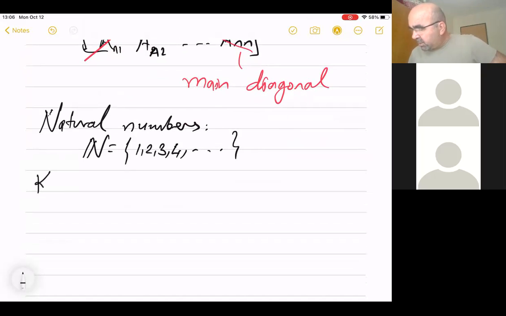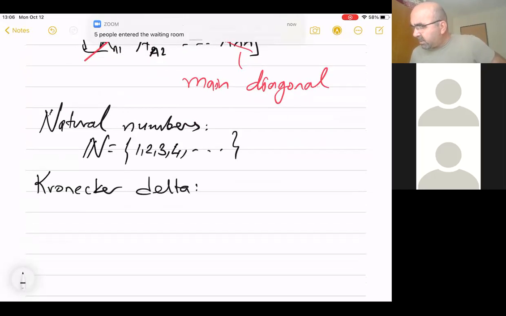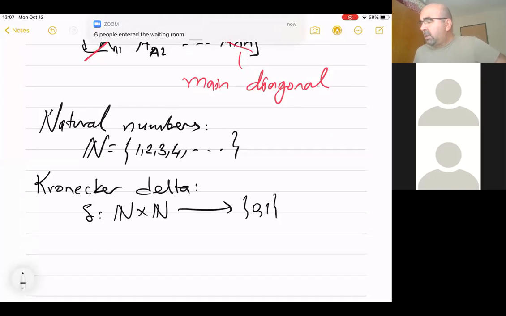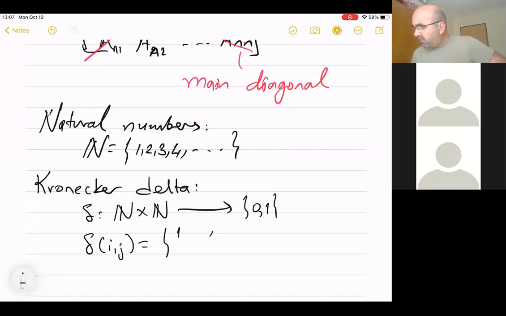And there's an important notion which is the Kronecker delta. Kronecker was a famous mathematician who lived at the end of the 1800s, and delta is the function from natural numbers cross natural numbers into {0, 1}, defined as delta takes ij to 1 if i is equal to j, and 0 otherwise, if i is not equal to j.